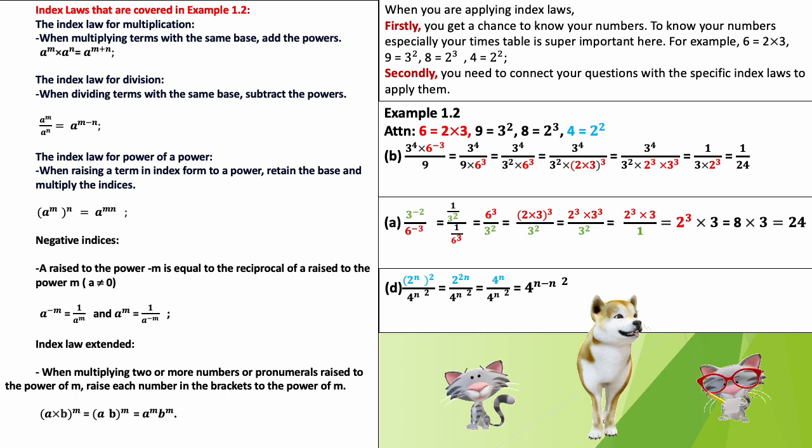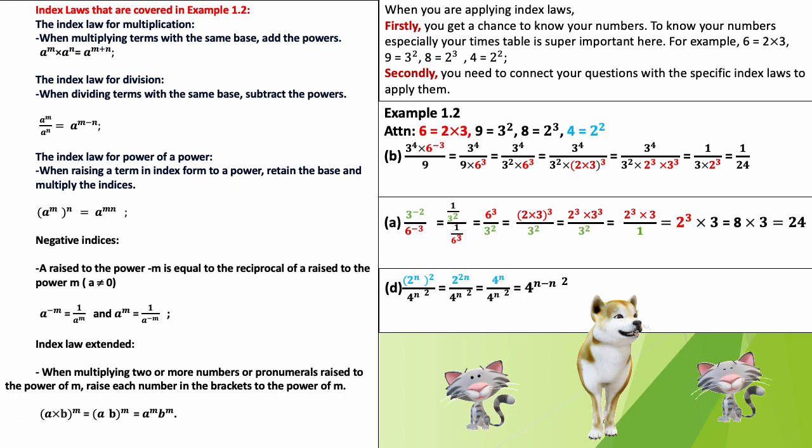According to the negative indices law, a raised to the power of negative m is equal to the reciprocal of a raised to the power of m. So we can rewrite 6 to the power of negative 3 as 1 over 6 to the power of 3. That's the first step.